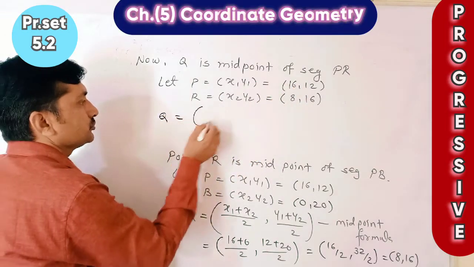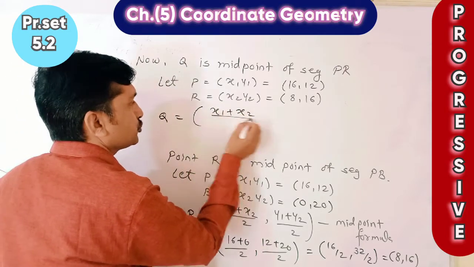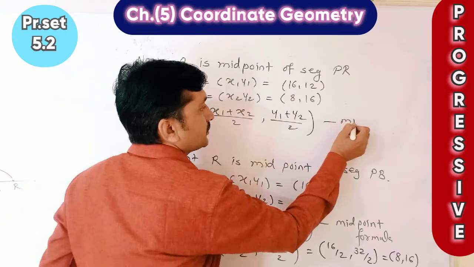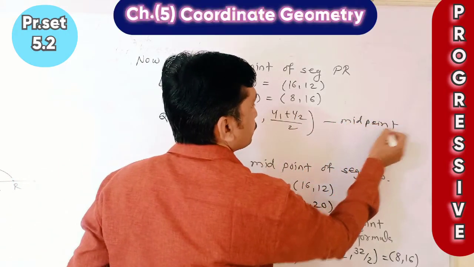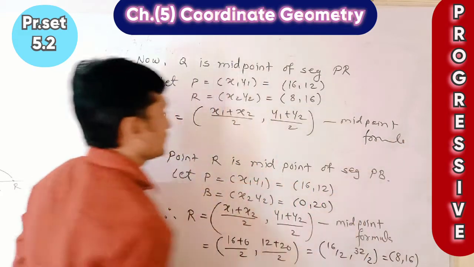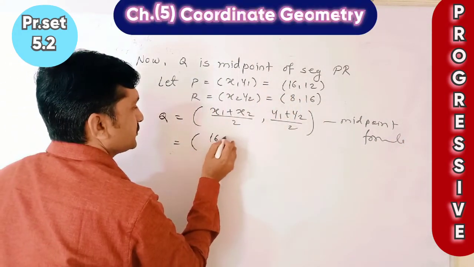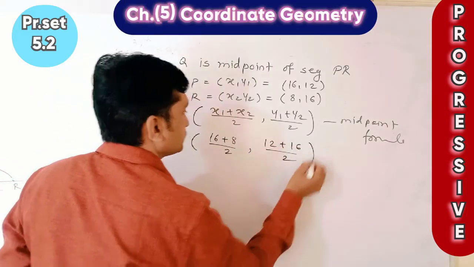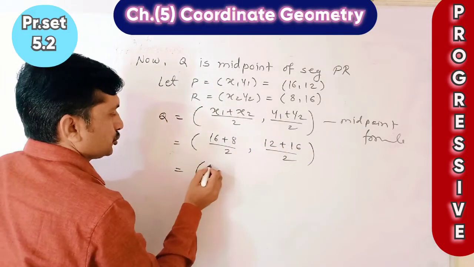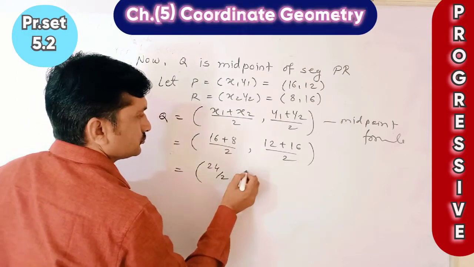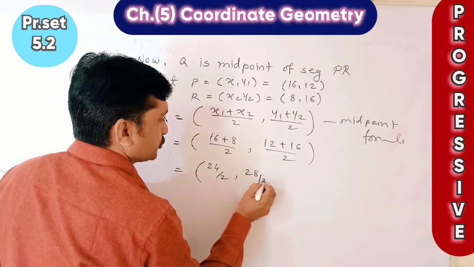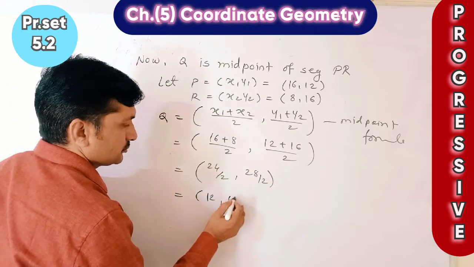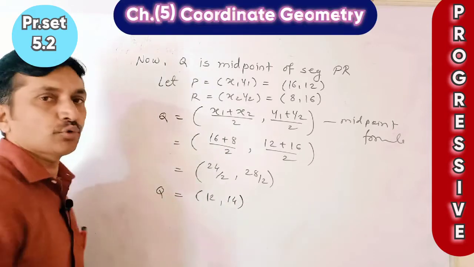Q is equal to (x1 + x2) upon 2, (y1 + y2) upon 2 by the midpoint formula: (16 + 8) upon 2, (12 + 16) upon 2, 24 upon 2, 28 upon 2, which by reduction gives (12, 14). These are the coordinates of point Q.